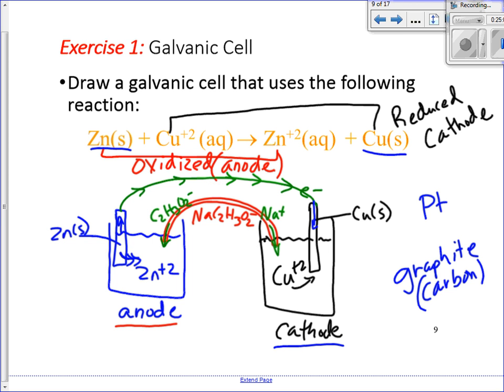The solid pieces of the zinc here are breaking off, the electrons go up, and you form zinc plus 2 in solution. So that electrode is going to start to degrade and become smaller, less massive. So thinking about that, what happens to the concentrations of each side of the solutions?